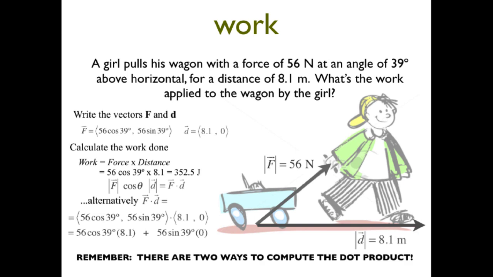So the moral of the story is there are two ways to compute this value of the dot product. There's the way that encapsulates our meaning for the dot product. Which way is that?